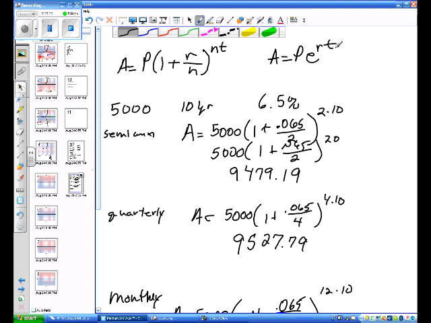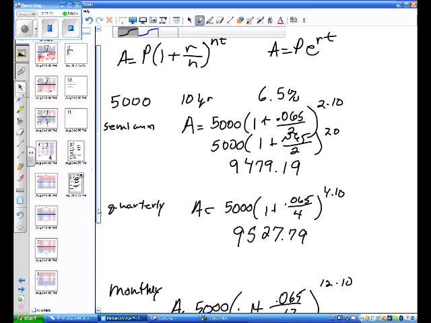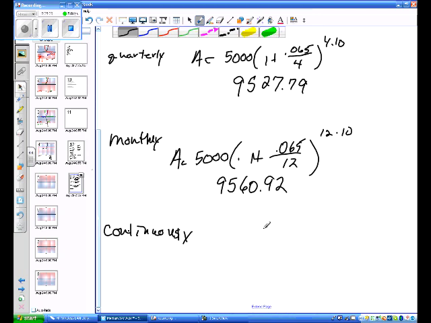This is our formula for continuous compounding. It's a little bit different, but we will use it for this last problem that we're going to look at. So that would be A, the accumulated amount, would be 5,000 times 1 plus 0.065.